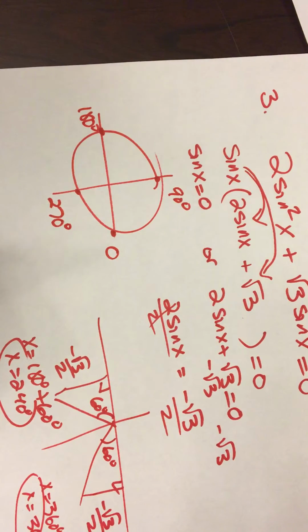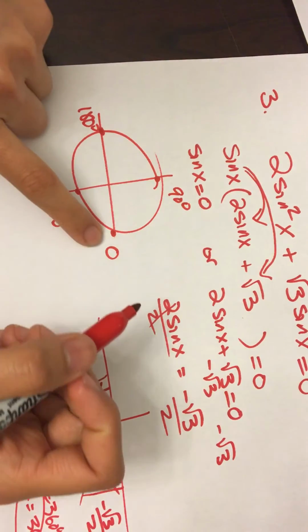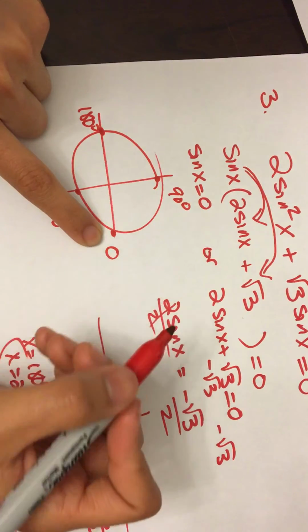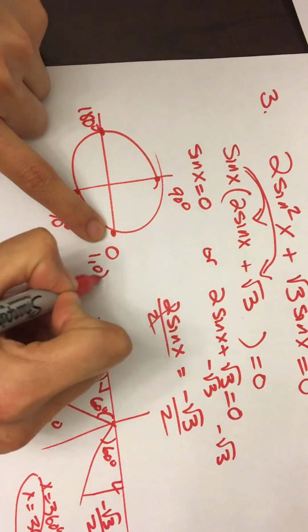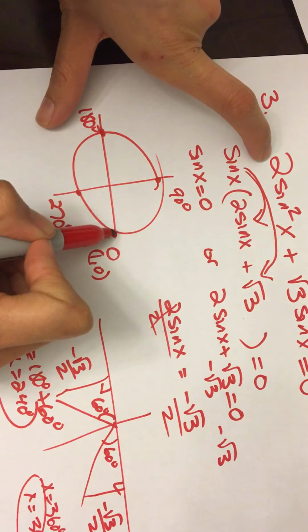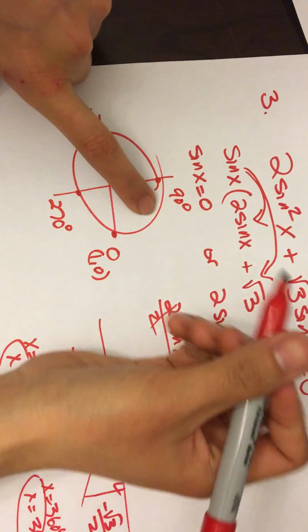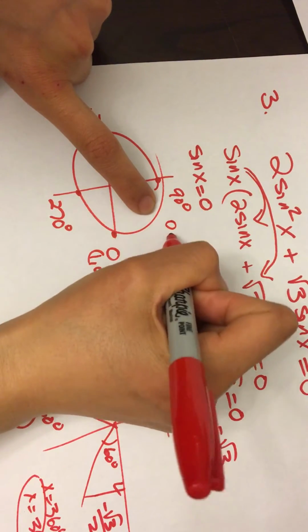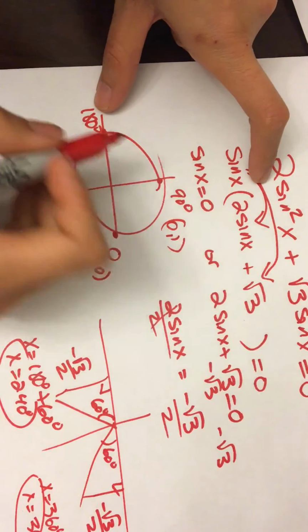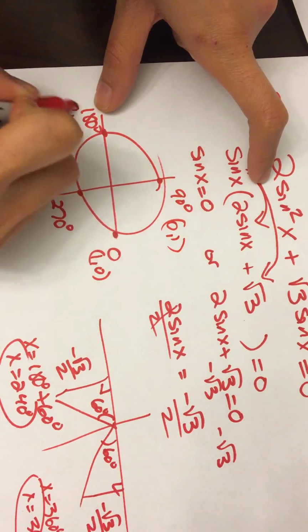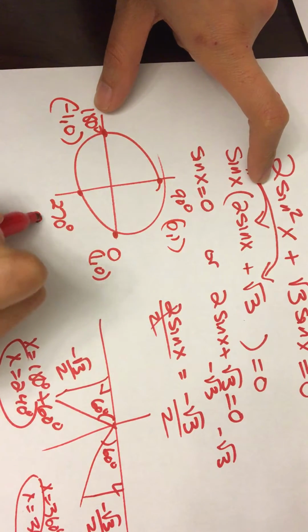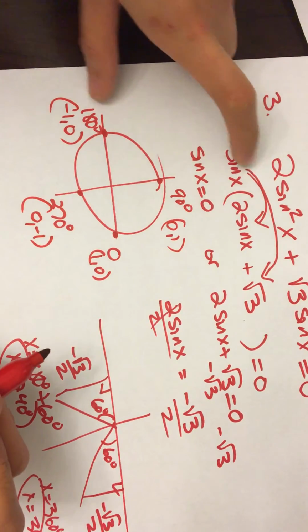And also you need to remember the coordinates of the unit circle at those angles. At 0 degrees, the coordinates are 1, 0 because you go right 1. The coordinates at 90 degrees, that is 0, 1. 180, negative 1, 0. 270, 0, negative 1.